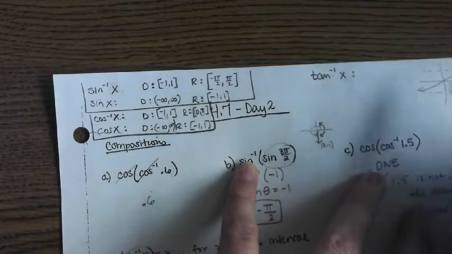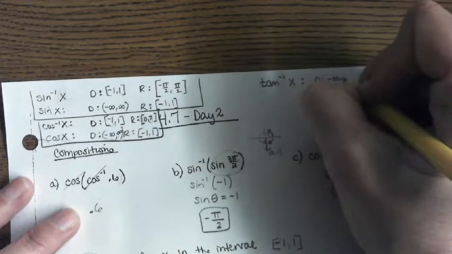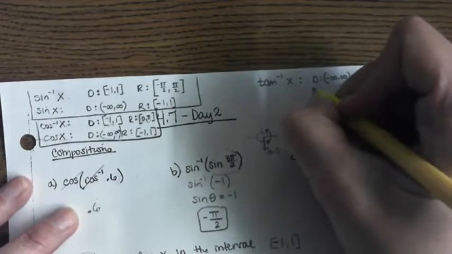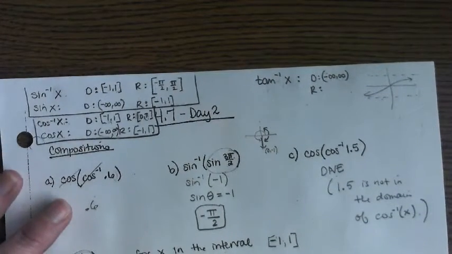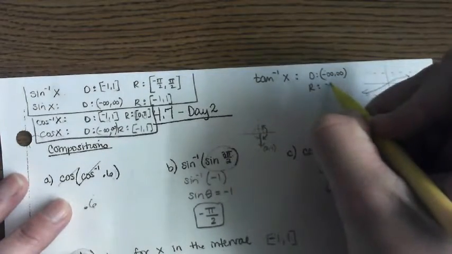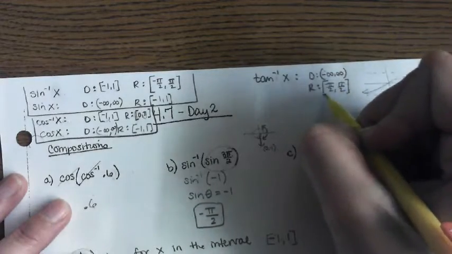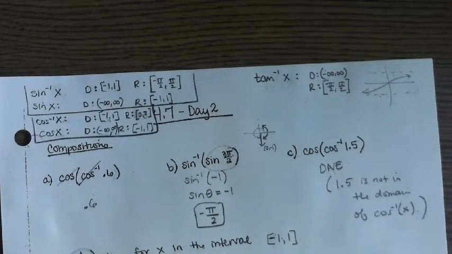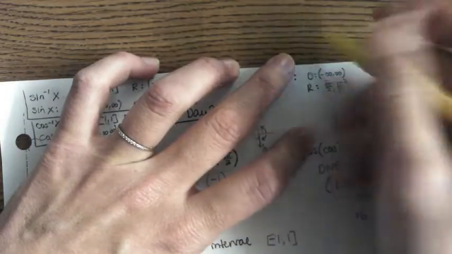Right, so that was all real numbers. And what was the range? Negative pi over 2 to pi over 2, quadrants 1 and 4 again. Not including what? Oh, yeah, you're right. Parentheses, thank you. Because they're asymptotes. Good.